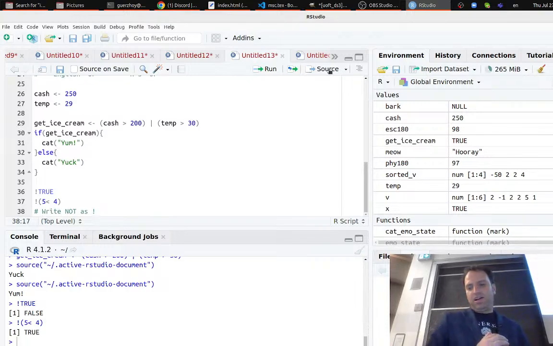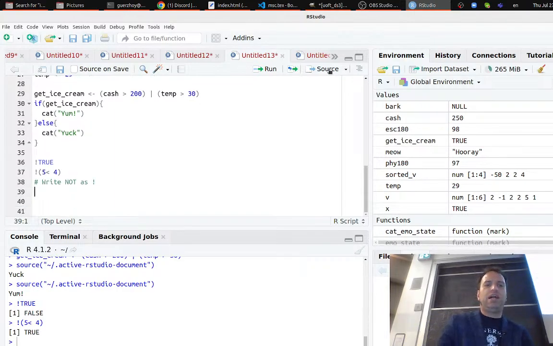So what turns out to be very useful in data analysis is operating on vectors of truths and falses. Here's something you can do in R: 5, 2, minus 1, 1 greater than 0.